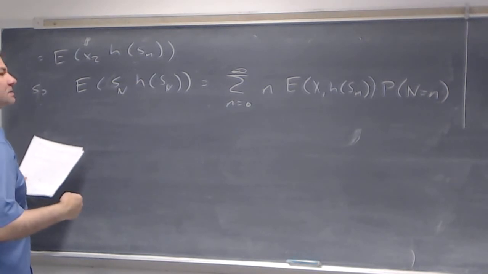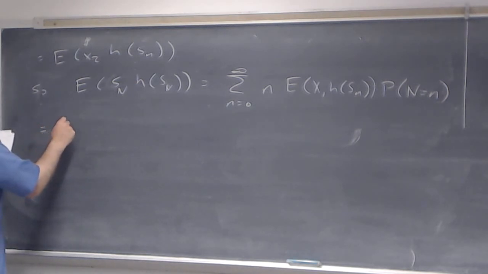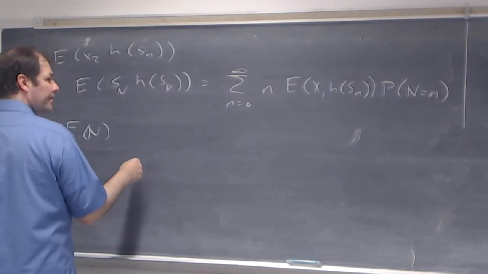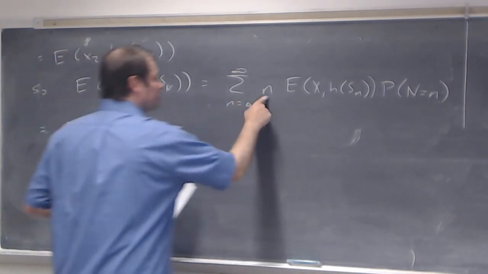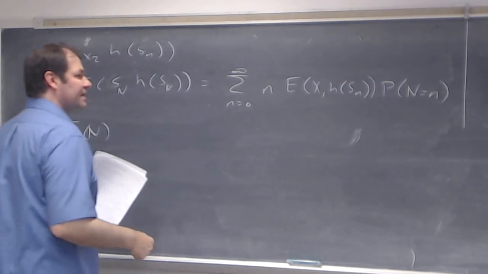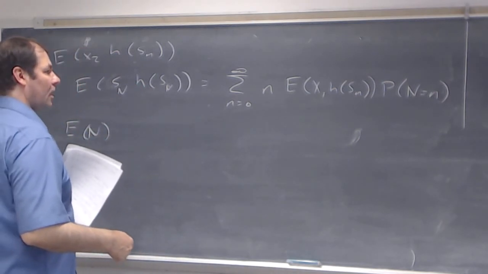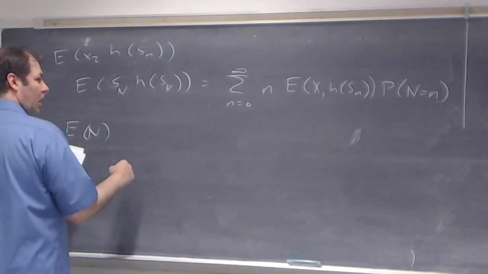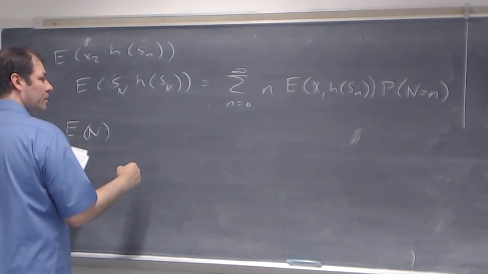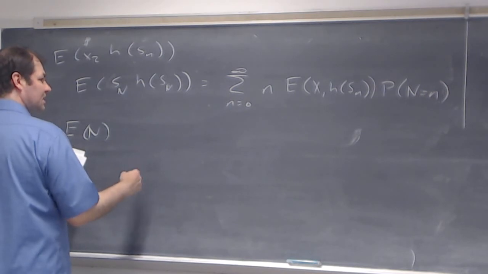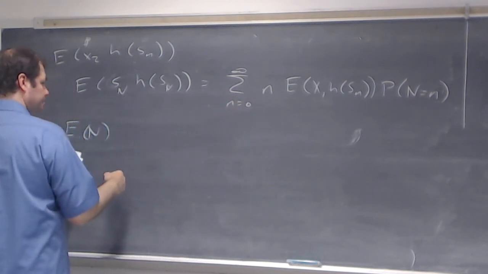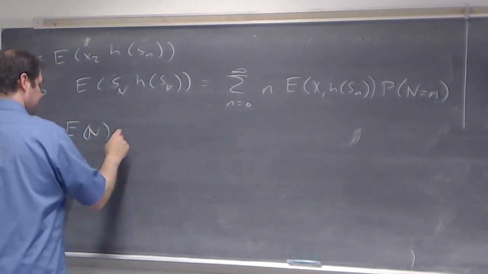Now, rewriting this in terms of the random variable M, this would be equal to the expected value of big N. What I'm going to do is replace n times the probability that N is equal to n by the probability of M equal to little n. So this expected value of N doesn't depend on this index number.